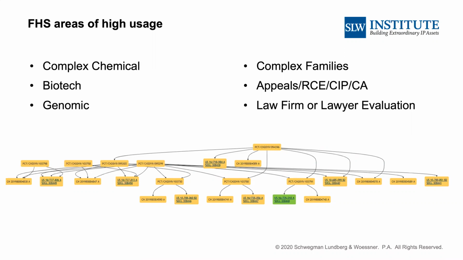Although I am not a chemical, biotech or genomic attorney, this is another area where you've got a high degree of precision, very, very careful words, so you don't give away an entire species of your coverage in what you're going after. And with that type of activity, you want to walk through this as fast as you can, but don't make an error. So I find these really, really good. And when you've got complexity, if I'm looking at a law firm and lawyer to evaluate how they work, it's a good tool. Anyway, lots and lots of good things here.